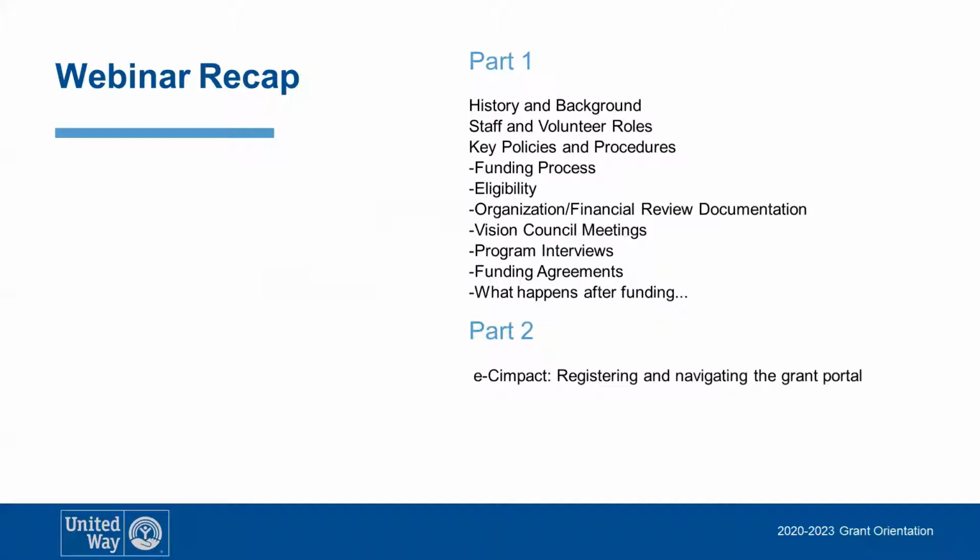Webinar 1 was about our history and background and what staff and volunteer roles will be throughout the process, as well as we went over the process and highlighted some key dates to be paying attention to.